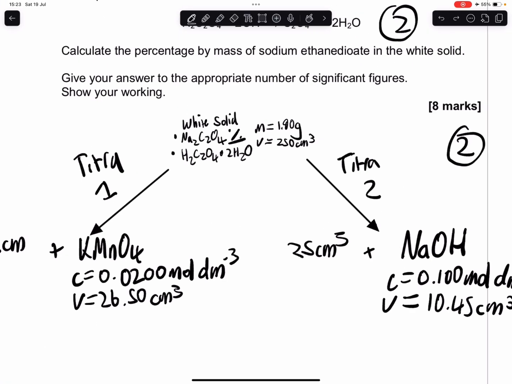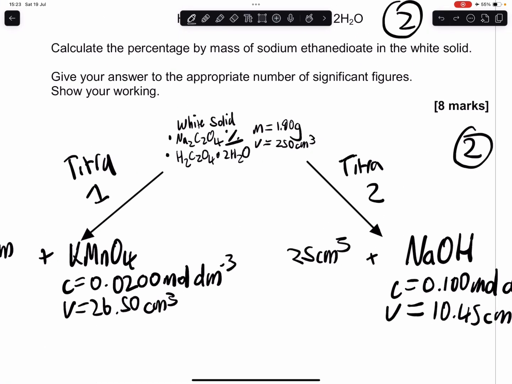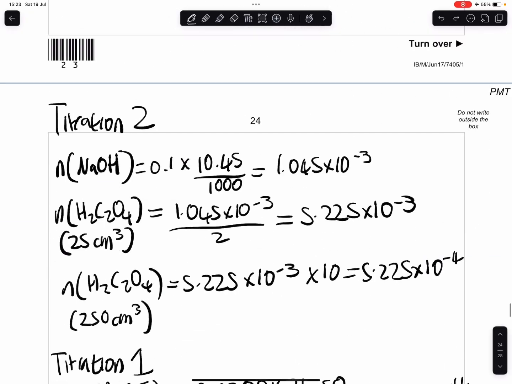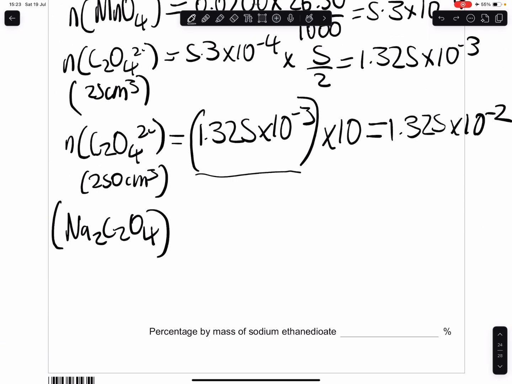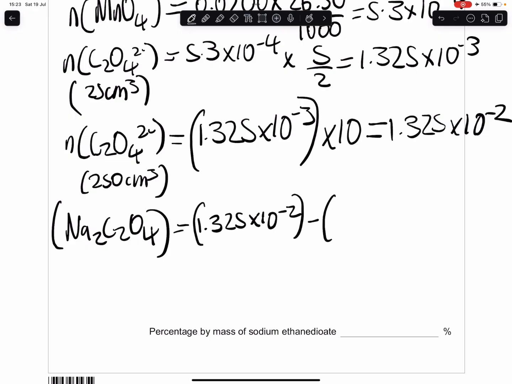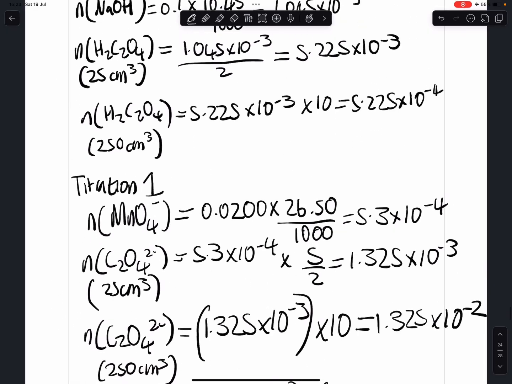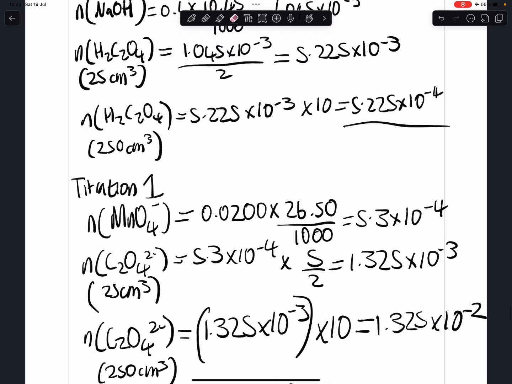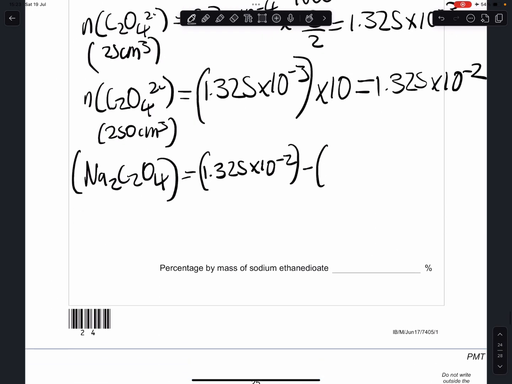So we can rule out this one by subtracting from our total C2O4 2 minus, which we calculated here, which is 1.325 times 10 to the negative 2, our moles of H2C2O4, which we calculated before, to be 5.225 times 10 to the negative 4.